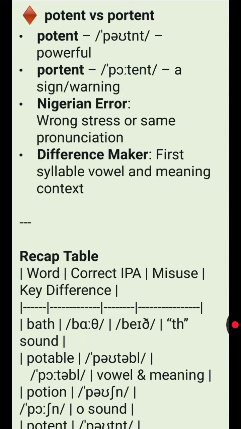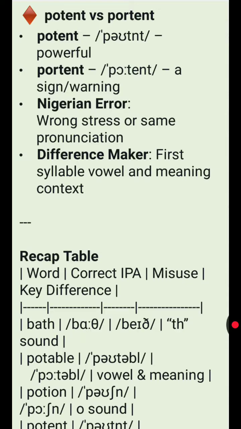You look at the first syllable vowel, that is po and po. In the first word, we have po. In the second word, we have po. So we also have meaning in connection with the words. The two words do not mean the same.